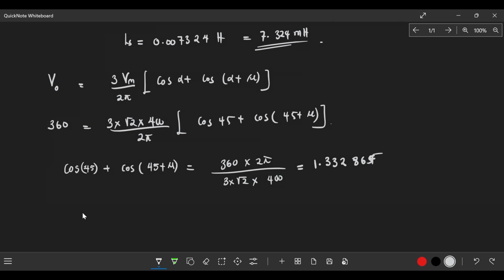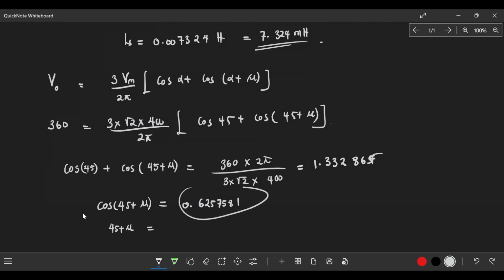Then you can subtract cosine 45. So cosine of 45 plus mu equals that answer minus cosine 45. So this is 0.6257581. If you take cosine inverse of both sides, that's like before, this side is going to be 45 plus mu.